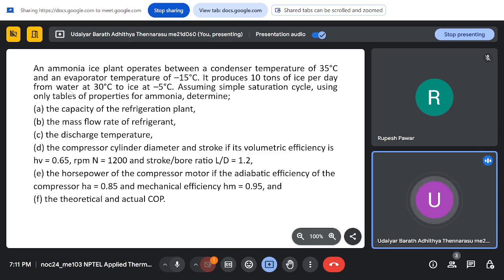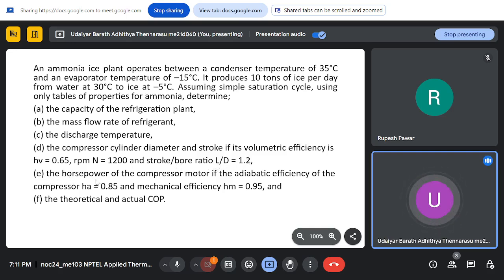So using only tables of properties for ammonia, determine the capacity of the refrigeration plant, the mass flow rate of refrigerant, the discharge temperature, and the compressor cylinder diameter and stroke if its volumetric efficiency is 0.65, your RPM is 1200, and the stroke to bore ratio is given as 1.2.